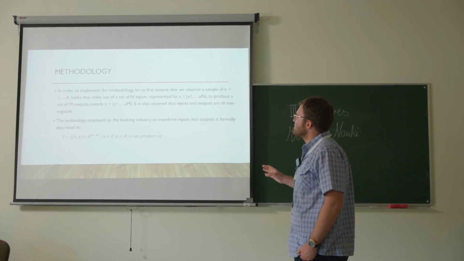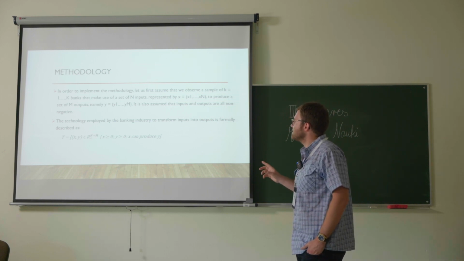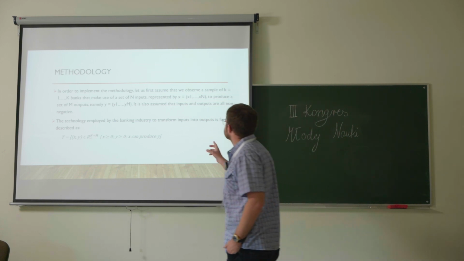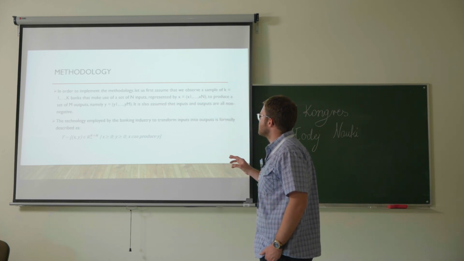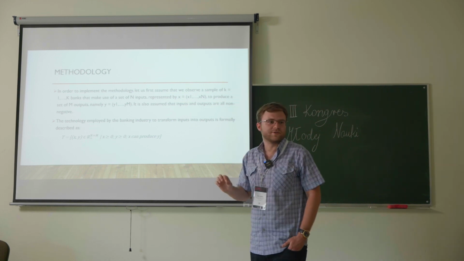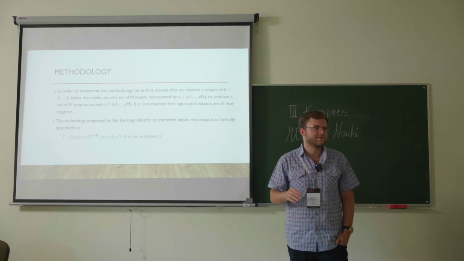So, in order to implement the methodology, we can observe a sample of K banks that make use of sets of n inputs represented by X, and produce the set of m outputs, namely Y. It is also assumed that inputs and outputs are all non-negative. In easy words, we use dependent and independent variables.